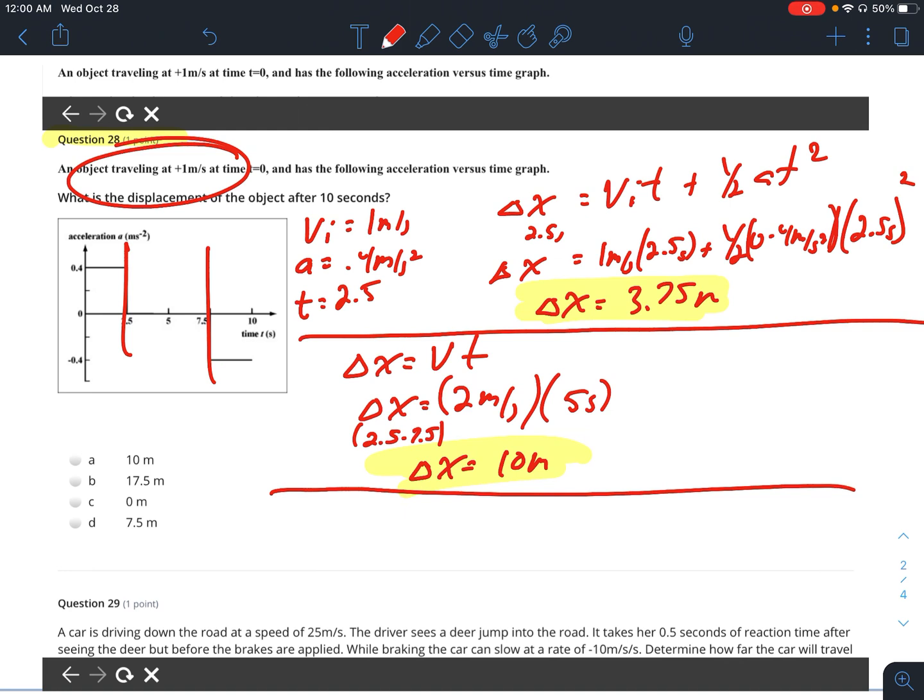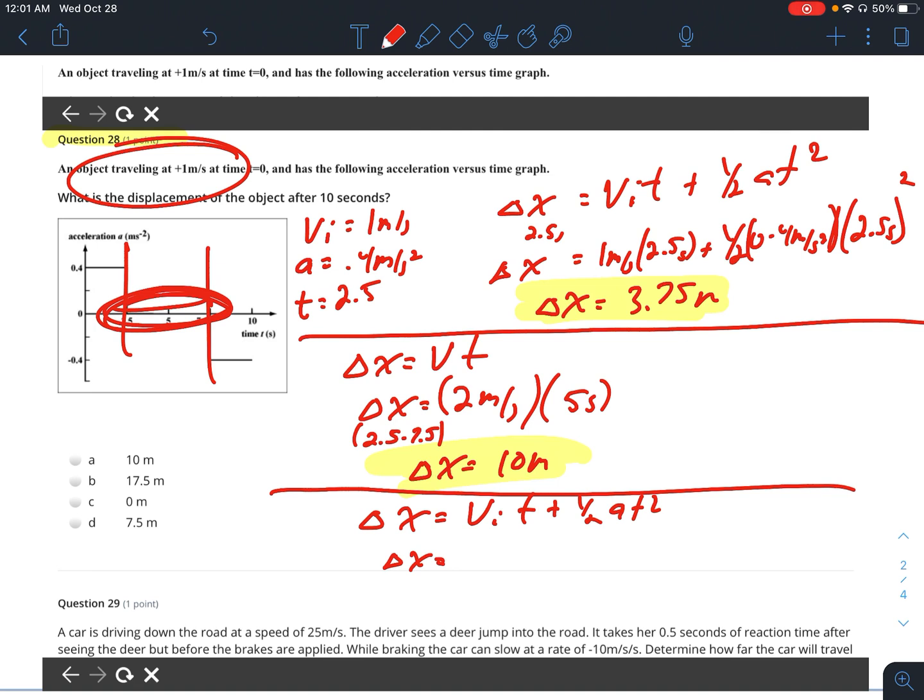And the last segment, we are slowing down because our acceleration is in the opposite direction. So we're going to still use that same equation that we used in the beginning. Where at the end of this middle part here, we were still going 2.